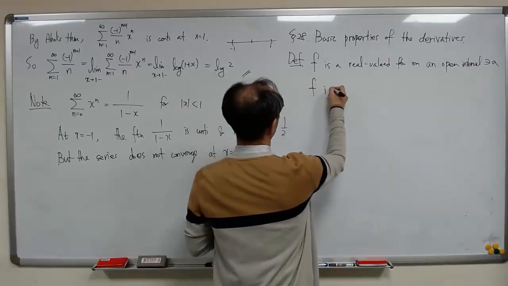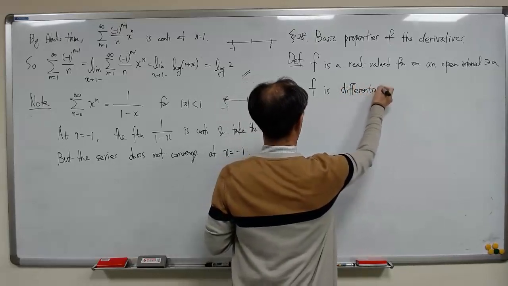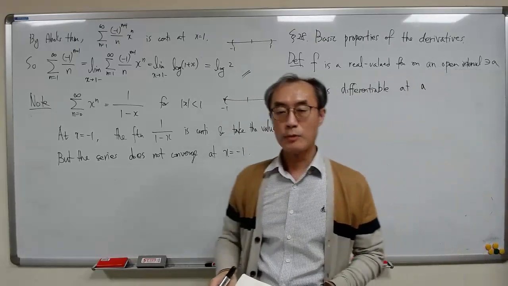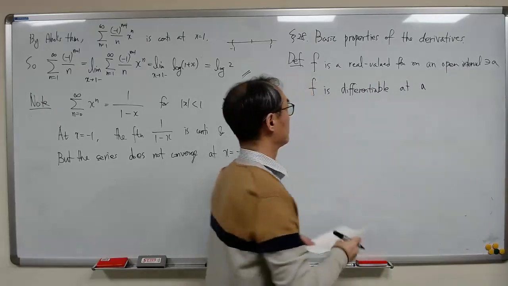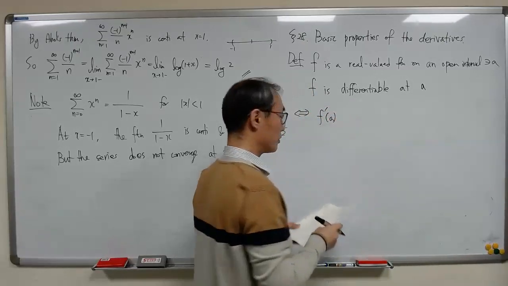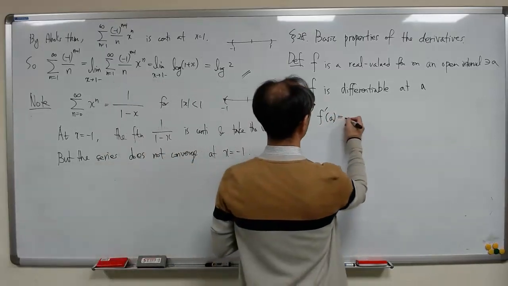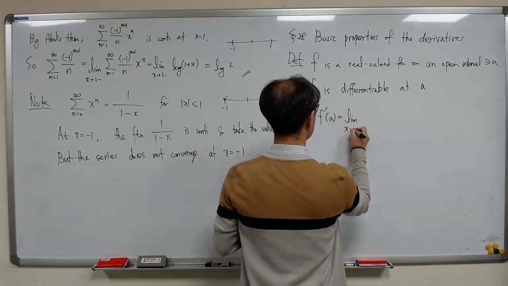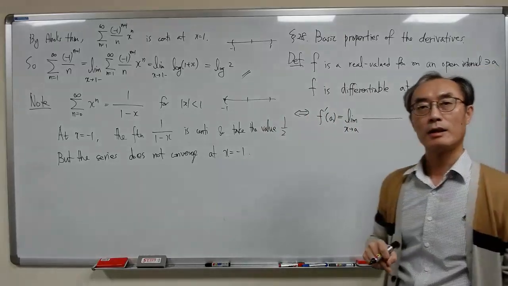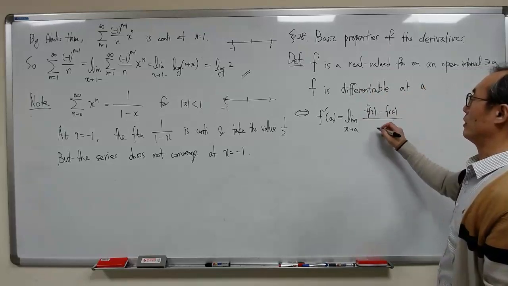Then we're going to say this function is differentiable at a if you can compute the derivative. How can you compute the derivative of function f at a? As you already know, the derivative is defined by the limit as x tends to a of the mean rate of change, f of x minus f of a over x minus a.